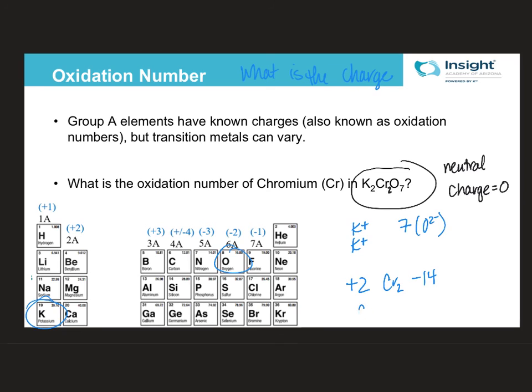So my 2 Cr's have to give me a total of +12, because if I combine what I've got here, I've got -12 going on right now. The only way I'm going to cancel that out and get to 0 is if my chromiums add up to +12. And since there's 2 of them, 1 Cr would be +6. So you might want to jot this down, it will come in handy for your quiz, and let me know if you have questions.